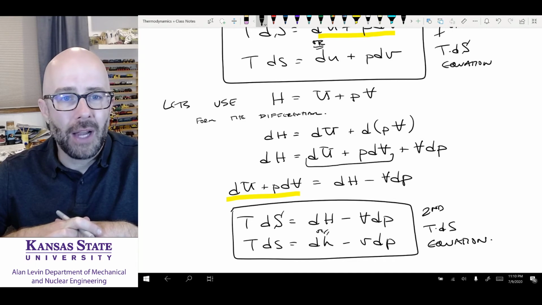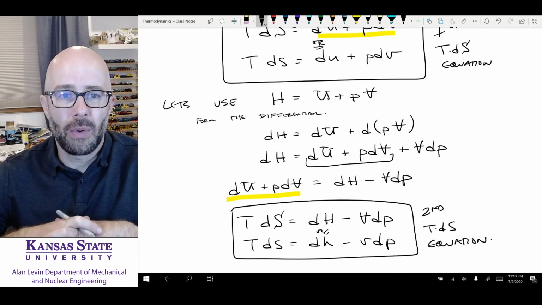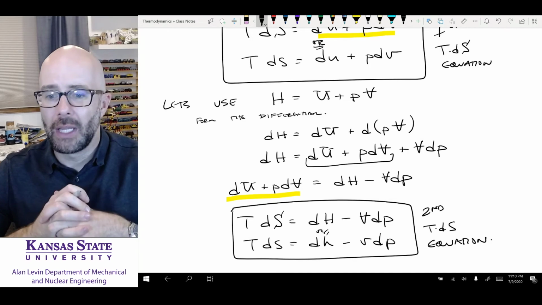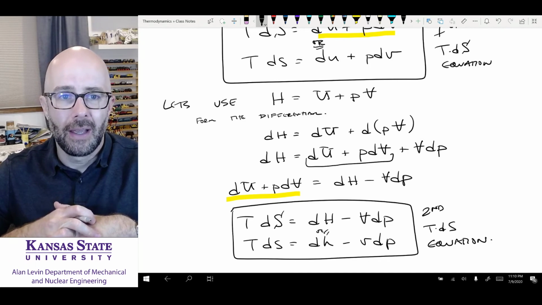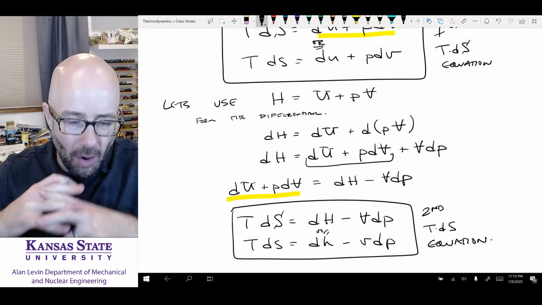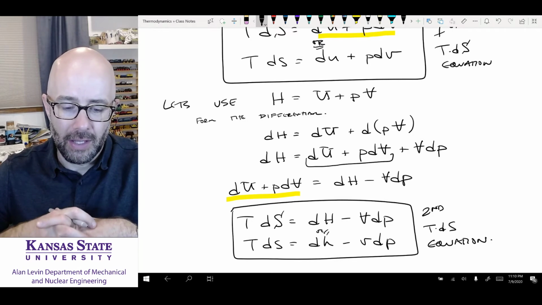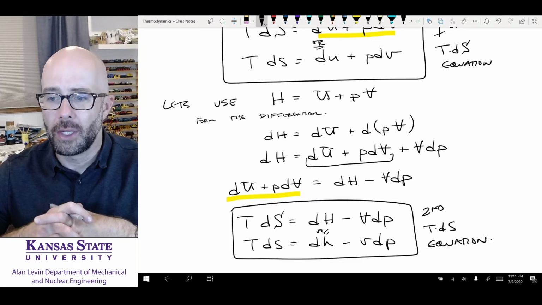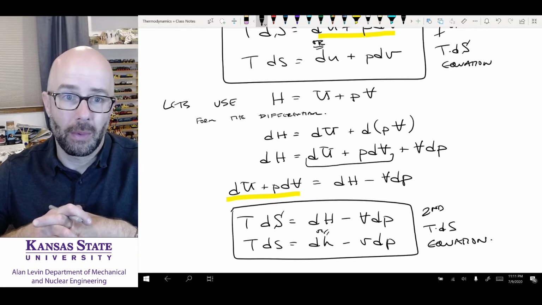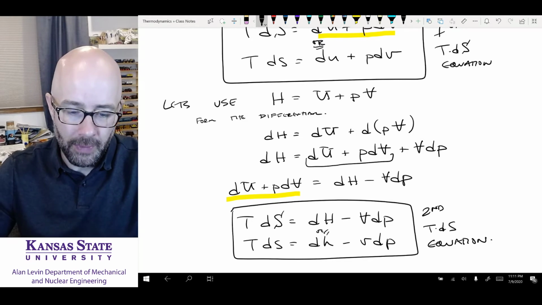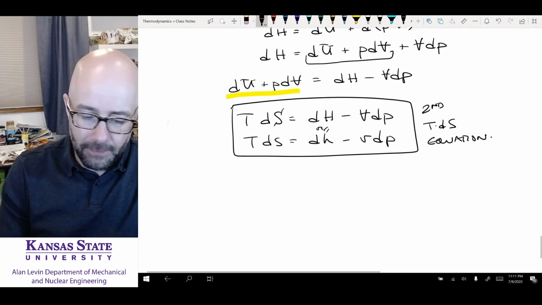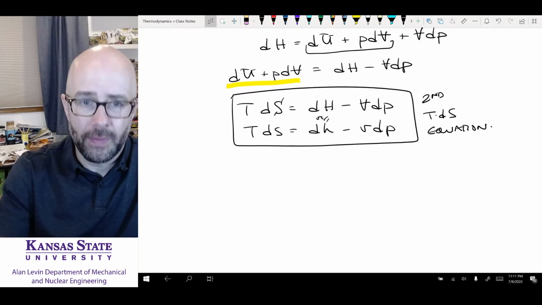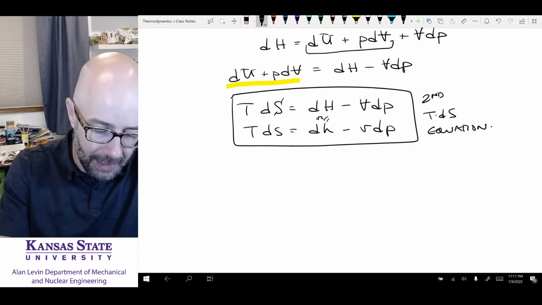It doesn't matter what process we're dealing with. So even though we developed them for internally reversible processes, these can work for any and all processes. Okay, so the first thing we're going to do is we've talked about liquid approximation. Let's talk about incompressible substances.